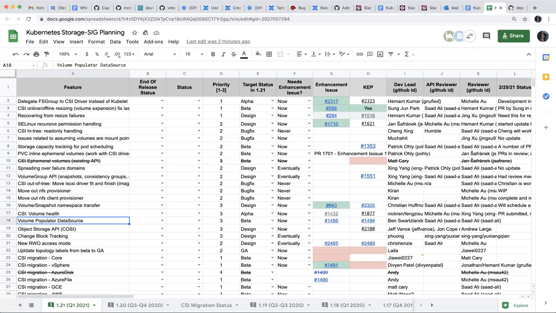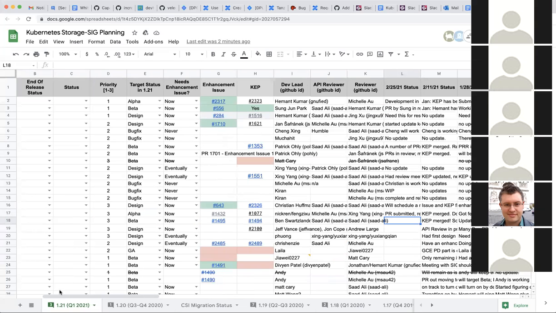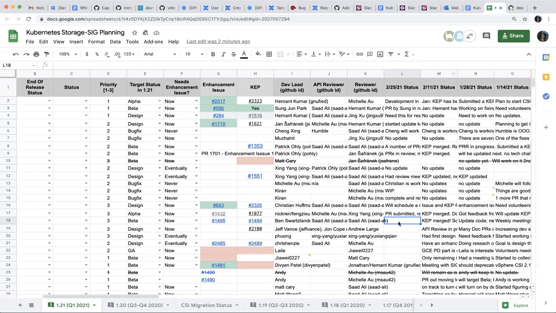And the next one, okay, so this is volume populator. All right, I'm off mute. So this KEP was approved provisionally by Tim, and we had a follow-up meeting this week where he showed up and we talked about what to do about some of the thornier API issues.